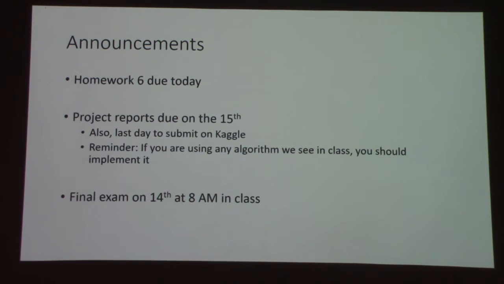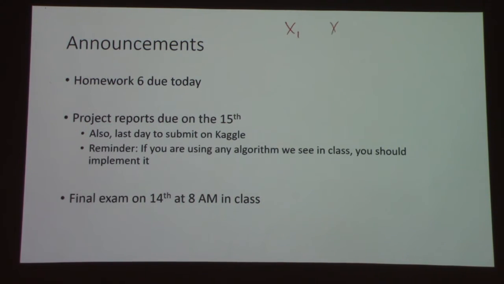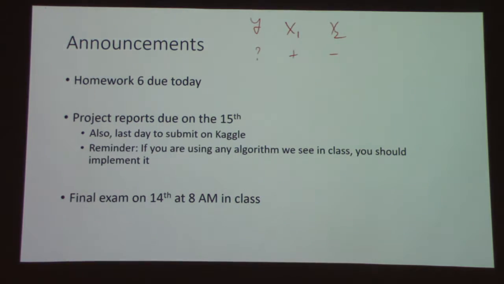So, if you have x1, x2, and y, sure, you'll never see an example that looks like anything of this kind, right? But when you do your counts, what is the probability of this particular example according to the naive Bayes model?